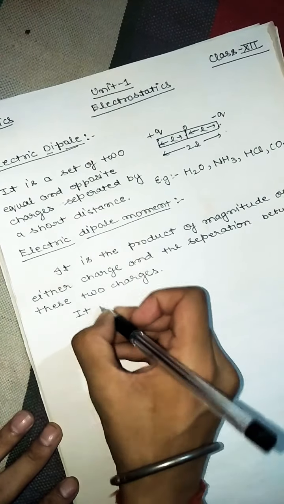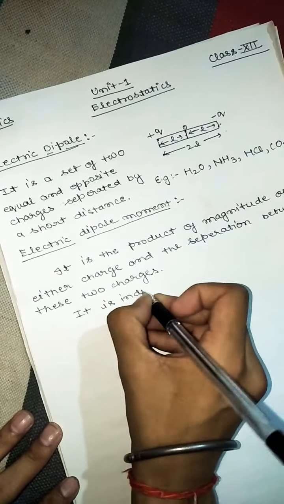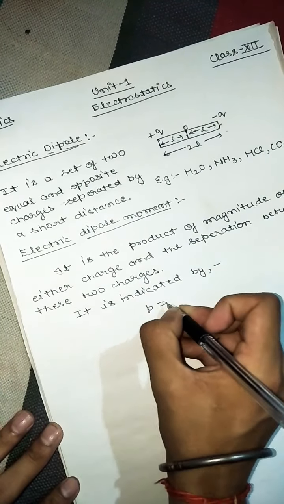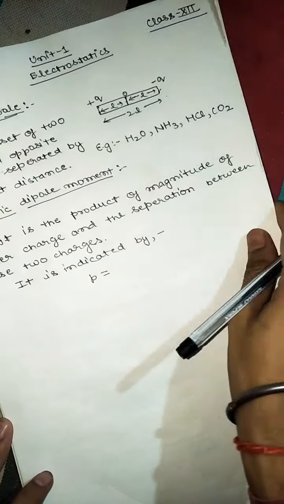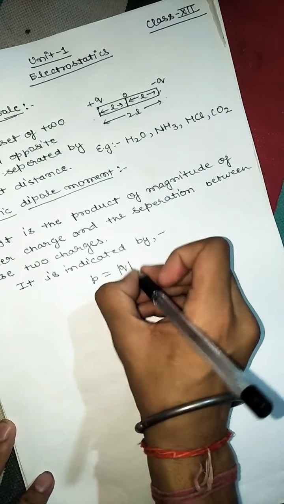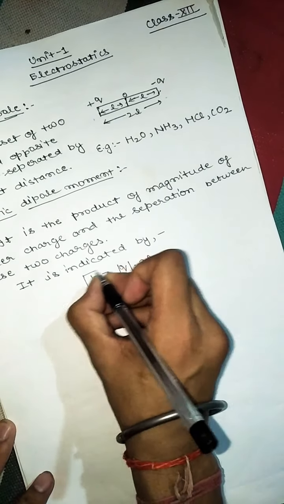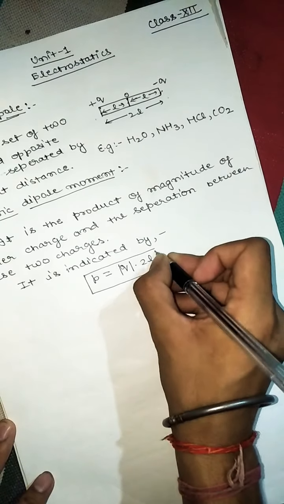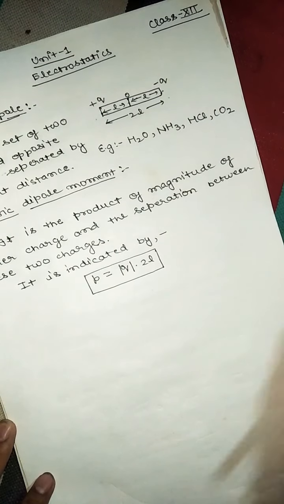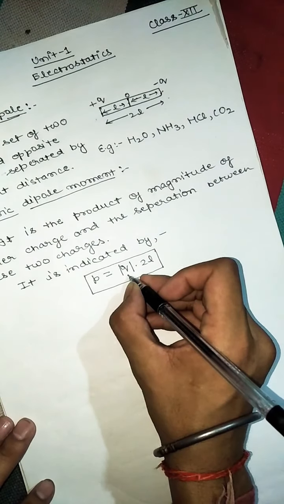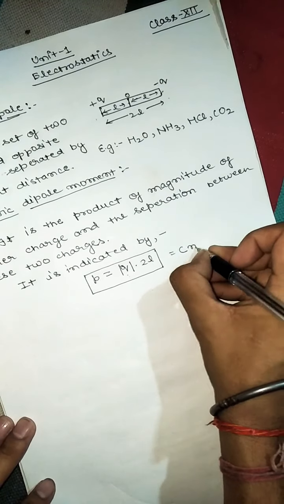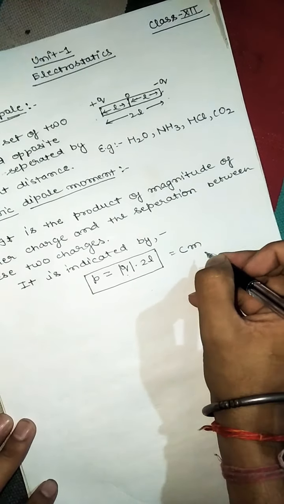It is indicated by small p. So what would be the magnitude of either charge? That can be written as q, or mod q, and the separation is 2l. So p is equal to q times 2l. Its unit: for q we write coulomb, and for l we write meter. So its unit is coulomb meter.